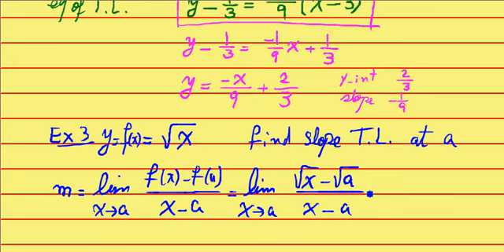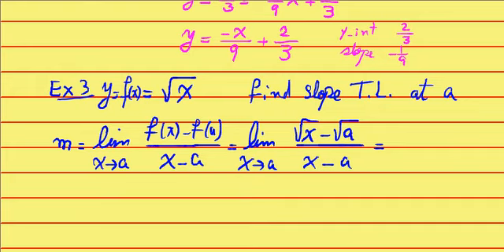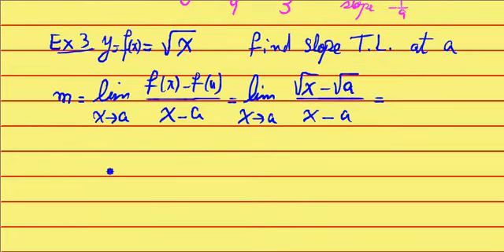We have seen this kind of limit operation. The way to handle them is to multiply by the conjugate. Let me make room for it and write it here. Limit of radical x minus radical a over x minus a times.